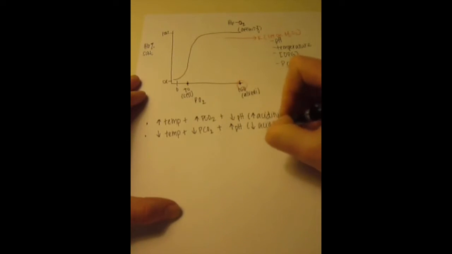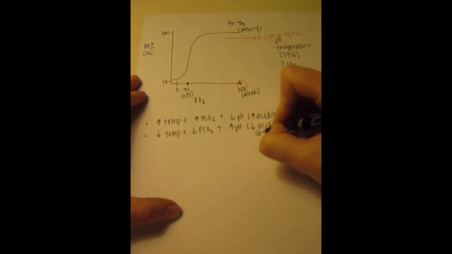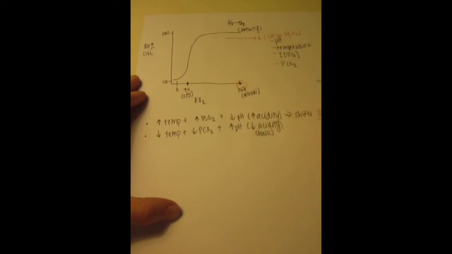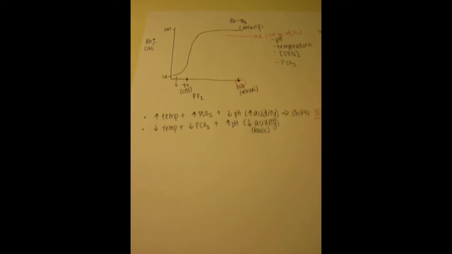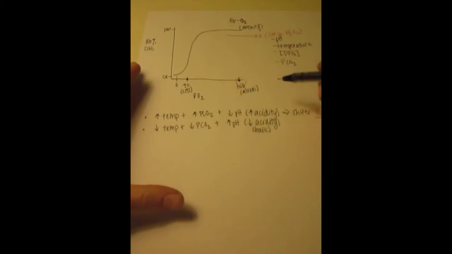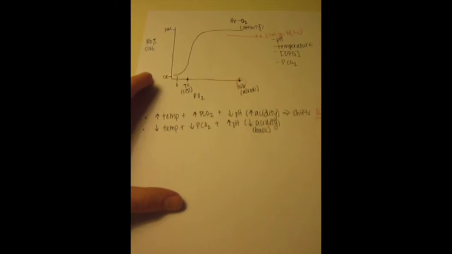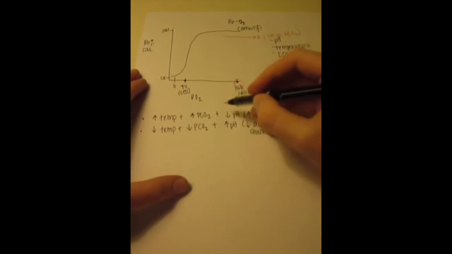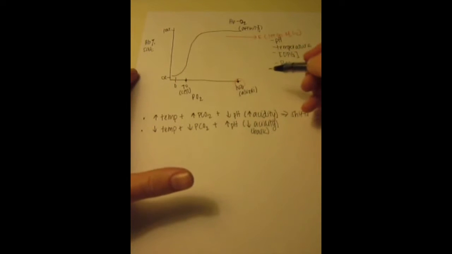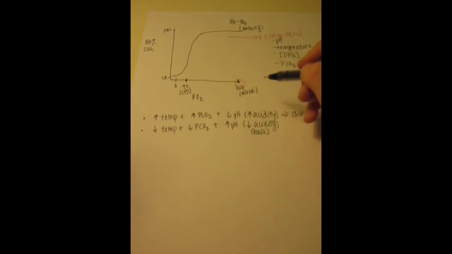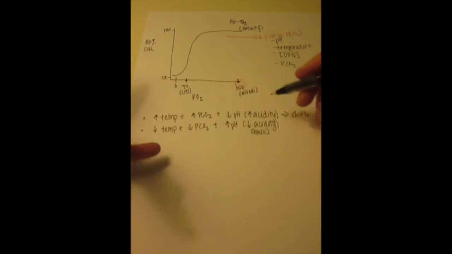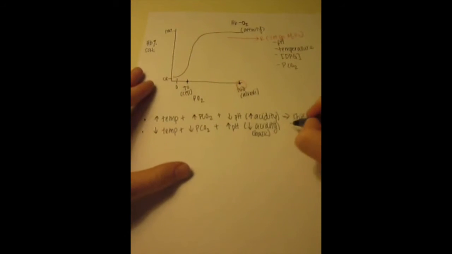When you say decreased acidity, that actually means you're getting more basic, and when you're increasing acidity, that means you're getting more acidic. It depends on how you want to memorize it, whether it makes sense to memorize it based off of the pH number. If the number is getting bigger, you're getting more basic, but if the number is decreasing, you're getting more acidic. It's just personal preference.